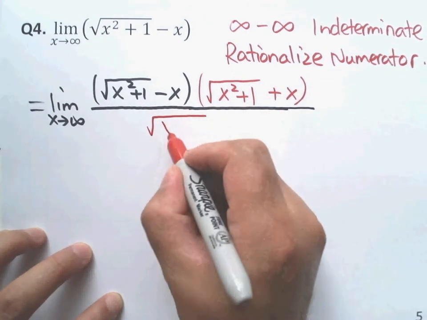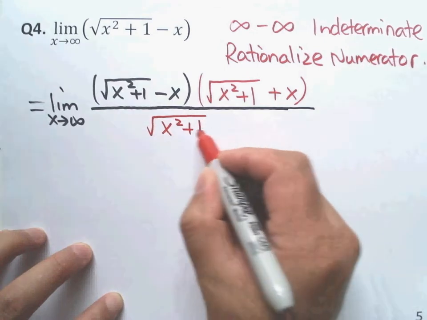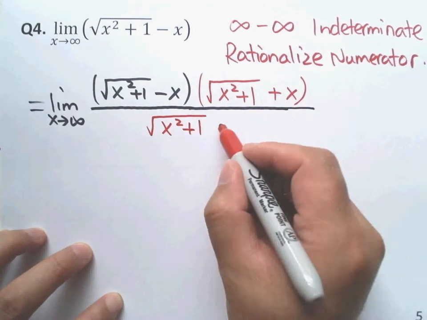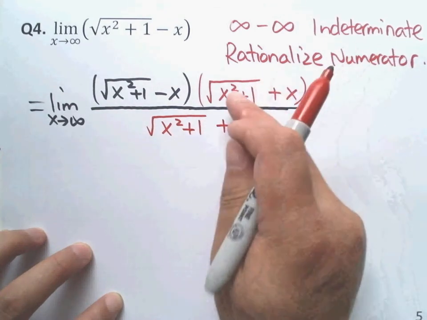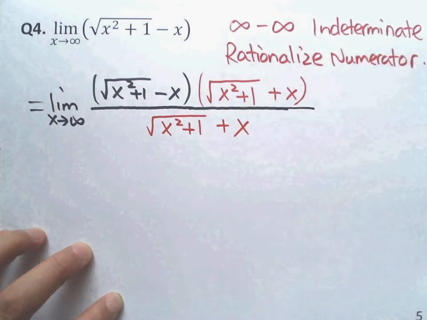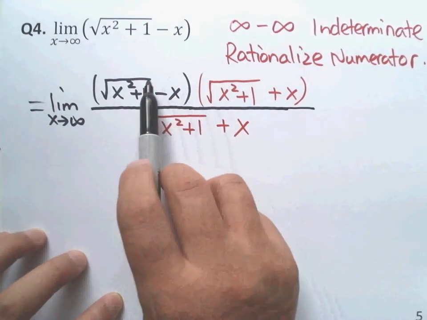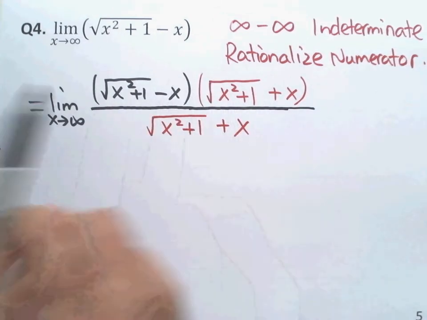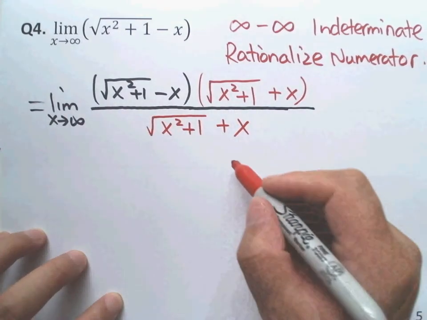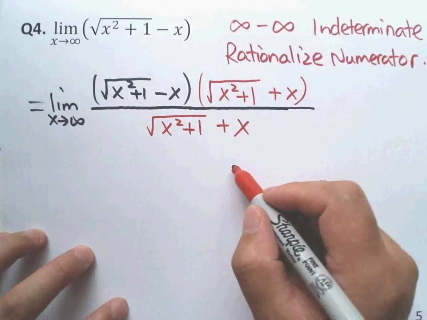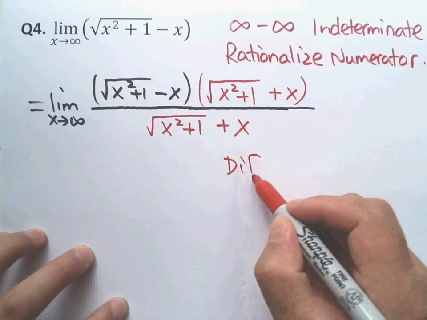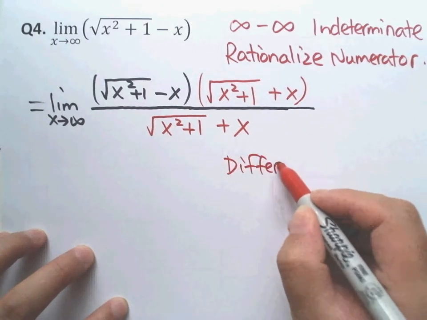So you multiply the conjugate to the bottom, which should be the square root of x squared plus 1 plus x. And these are the same, so when we cancel, there's nothing, right? But now what can we do? We can simplify the numerator by the difference of squares. Do you remember the difference of squares?